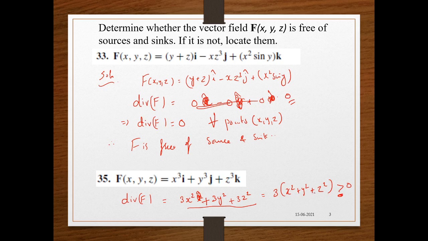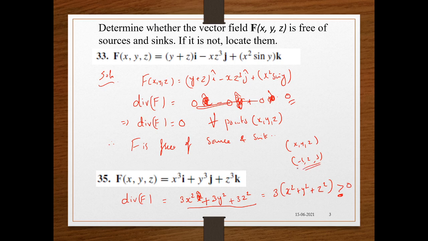x square plus y square plus z square is always greater than 0, right? If you put any value of x, y, z, say minus 1, 2, 3, then x equal to minus 1, minus 1 square, 2 square plus 3 square, this is always positive, right?